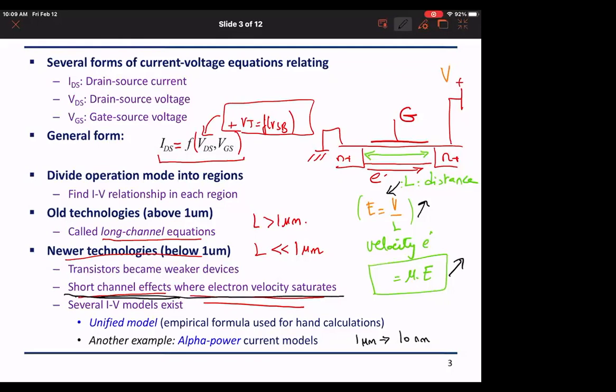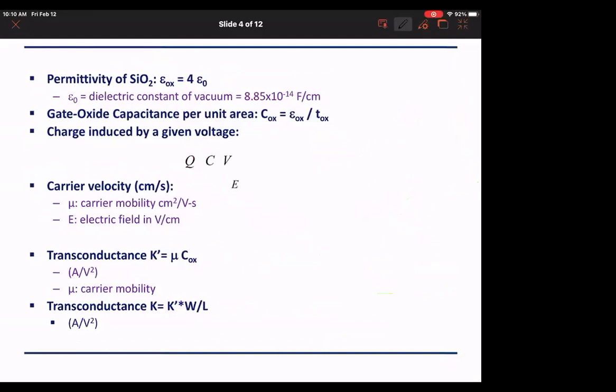And we will implement a simplified unified model that takes this into consideration, that adds one condition to the long channel model. So this is what our target is. Of course, there are other nonlinear effects that kick in into this formula here. Okay, so let us now move to the next slide.